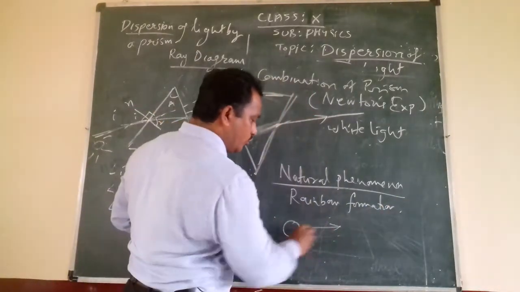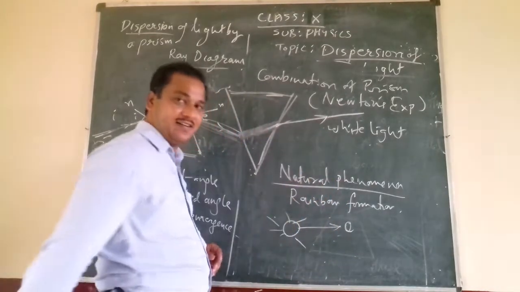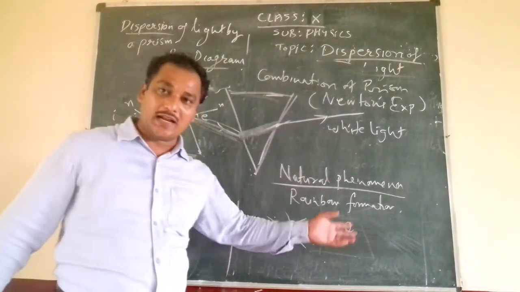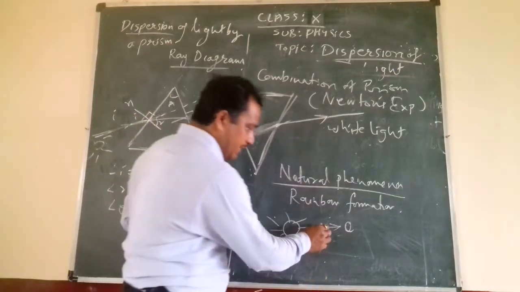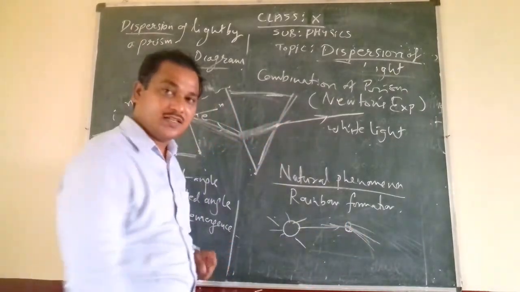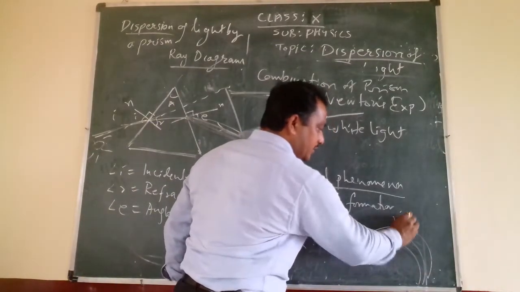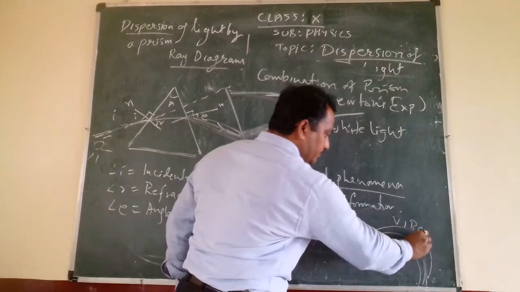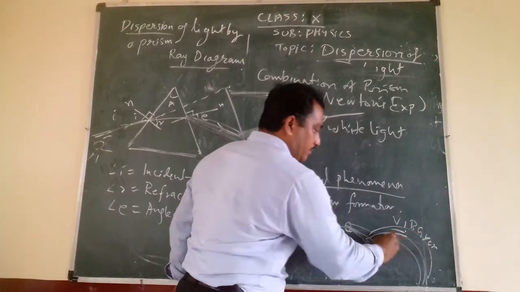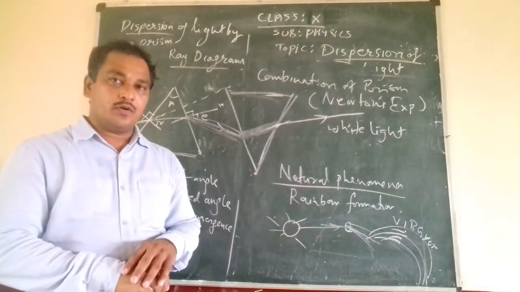The sunlight falls on the water droplets present in the air, and the water droplets act like a prism. The light falling on them splits into its constituent colors. We see the rainbow formation of the 7 colors appear in this band. So this band of colors called the spectrum is formed. Hope it is clear to you.